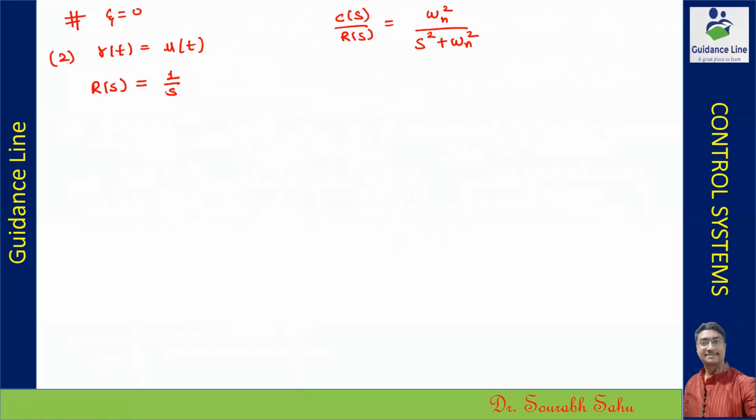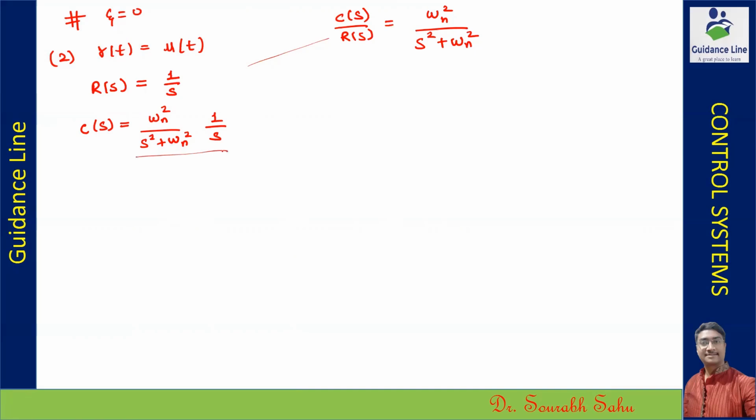So if I substitute this R(s) into this expression, we have omega n square over s square plus omega n square, times 1 by s. Now I can write this in the form of partial fractions, to convert again into a time domain representation.